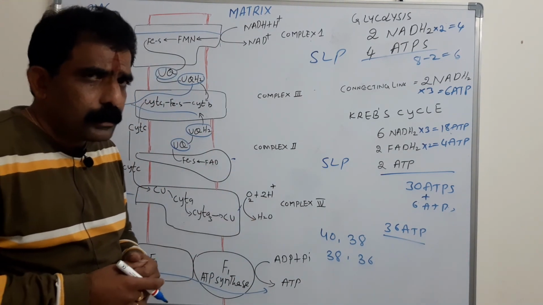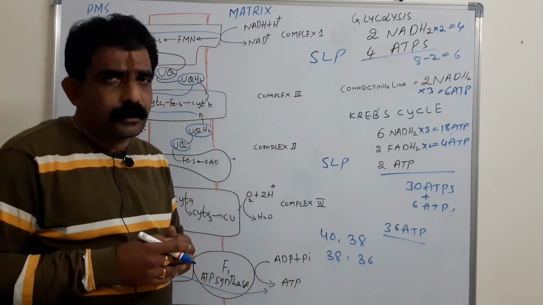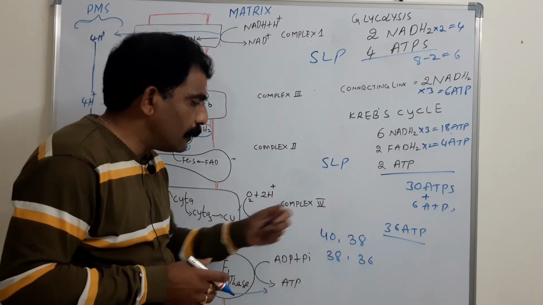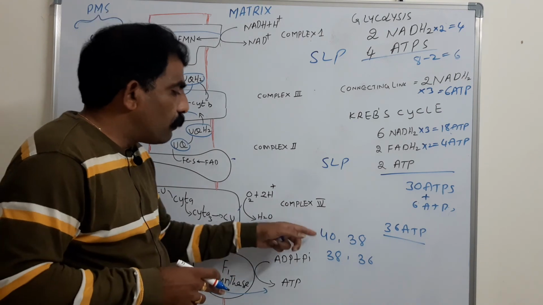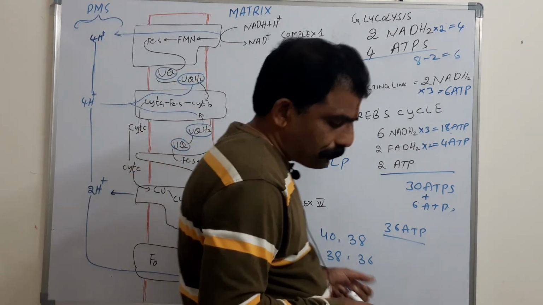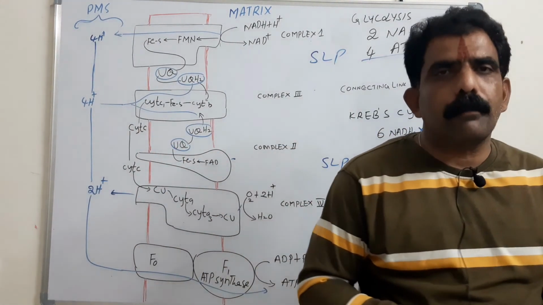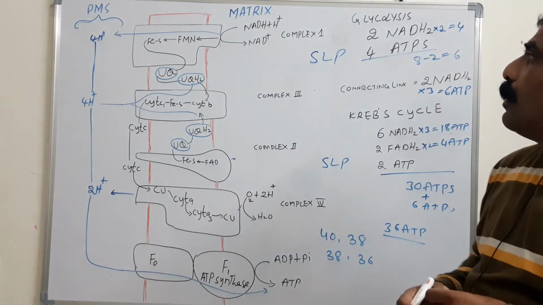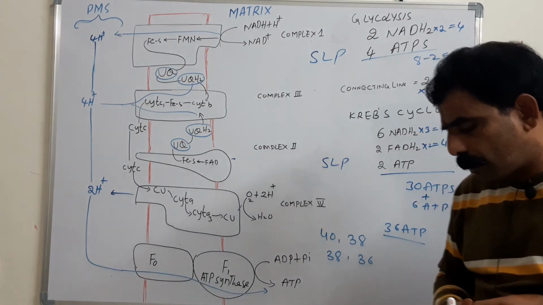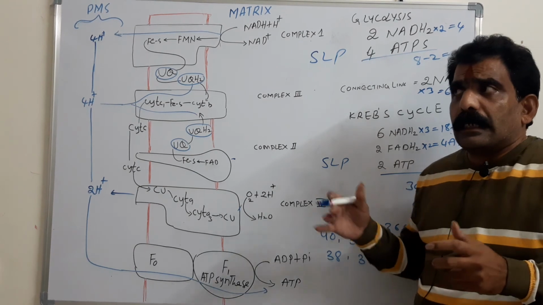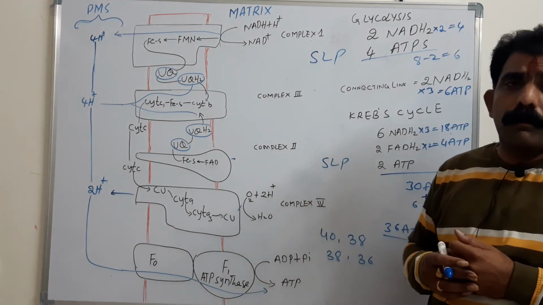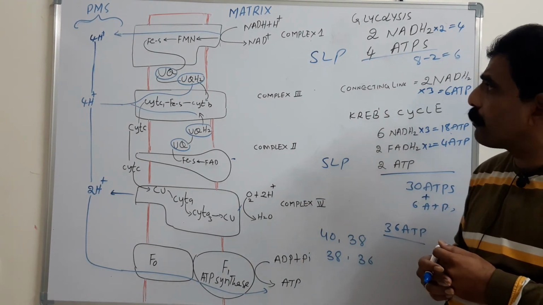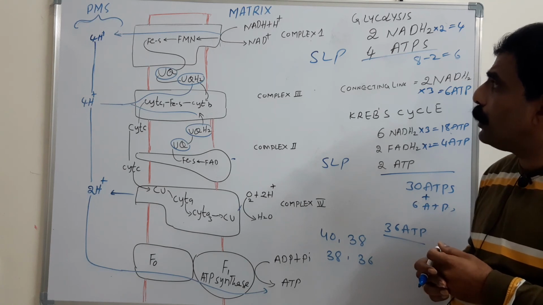Consumption is the same, 2, so 38 minus 2, 36. So the net gain is 36 or 38, and the total number of ATPs produced in aerobic respiration is 40 or 38. The malate aspartate shuttle and glycerol phosphate shuttle I will discuss in the next video.